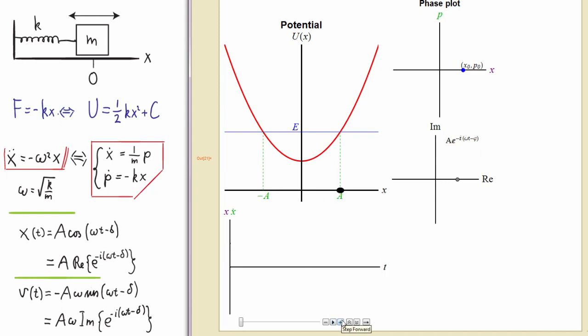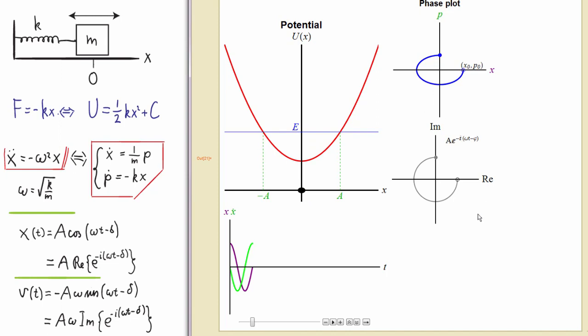So for instance, if you look at this point here, the position is 0, the velocity is negative v maximum. All right, and then I can step time forward, and now we're back to x equals 0, but now the velocity is positive. So those two configurations are different, even though they correspond to the same position of the harmonic oscillator.